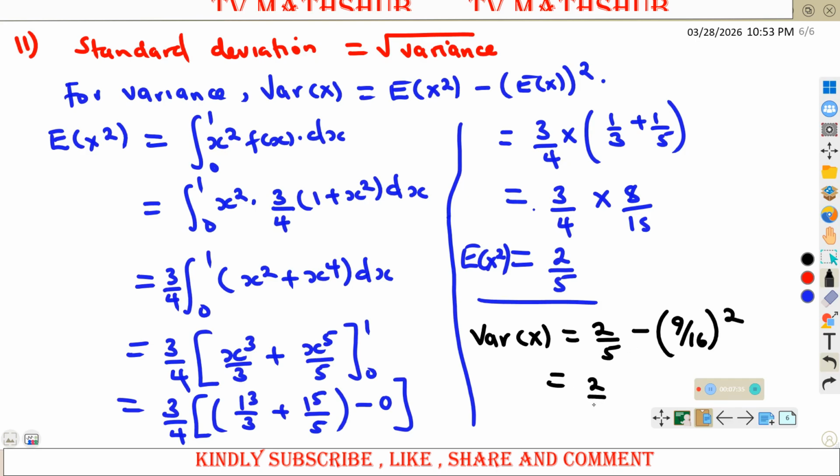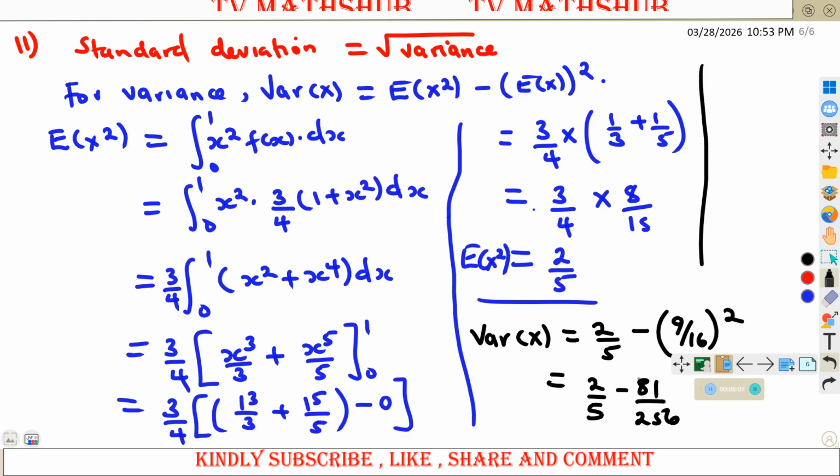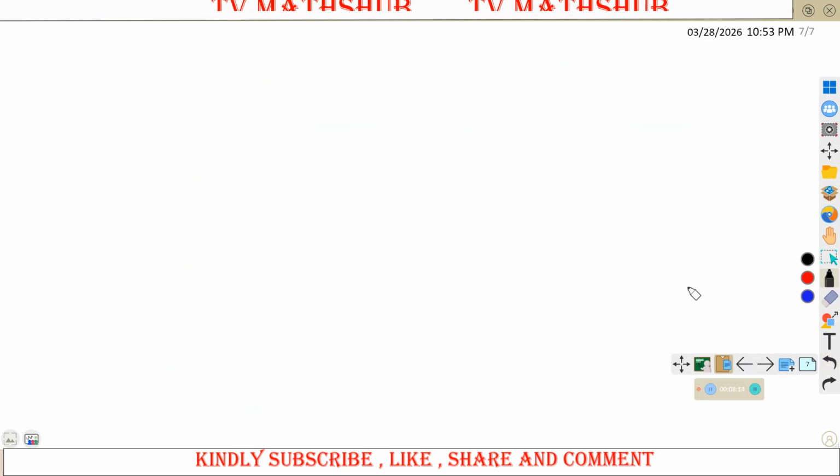Let us get 9 over 16 squared, which gives us 81 over 256. Then 2 over 5 minus that answer will give us 107 over 180 as the variance of X.